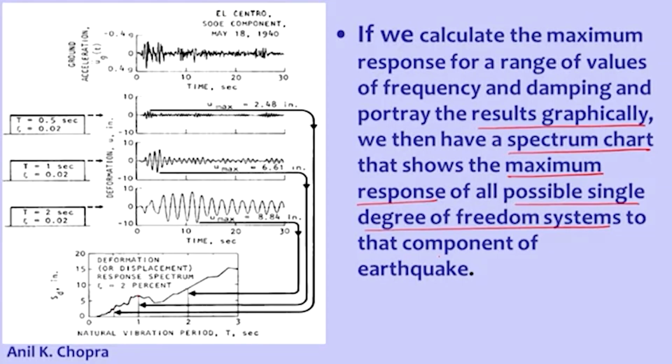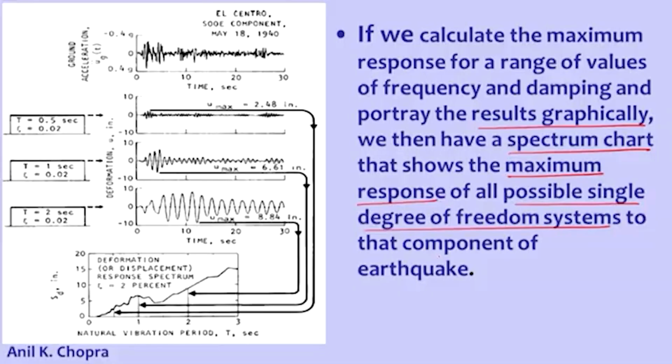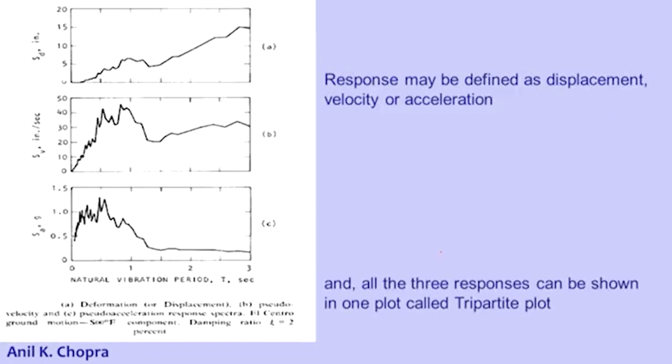That is the maximum displacement the structure will undergo in the event of this or a similar earthquake, if they have the same frequency components. This is the concept of response spectrum, an extremely useful concept in the application of earthquake engineering.